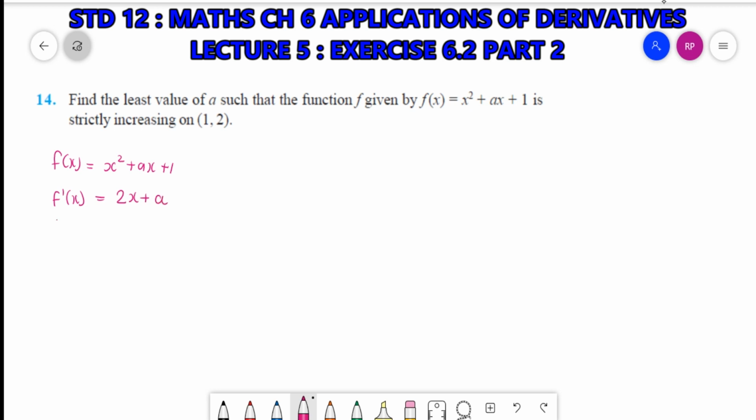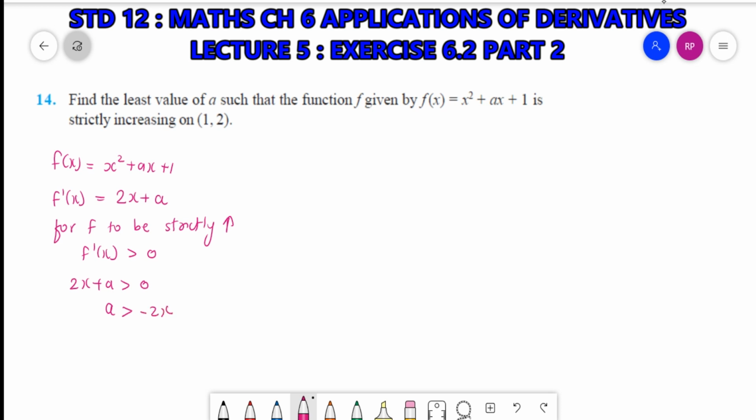Okay, now see here, for f to be strictly increasing, f'(x) must be greater than 0. That means 2x + a must be greater than 0. That means a must be greater than -2x.